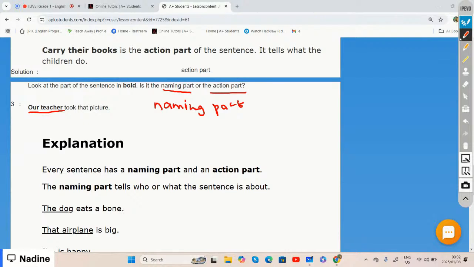And if we were to identify it, then yes, we said it is a naming part. It tells us who is doing something or what is doing something, and that is our teacher.